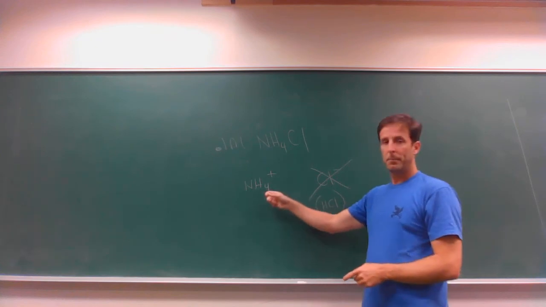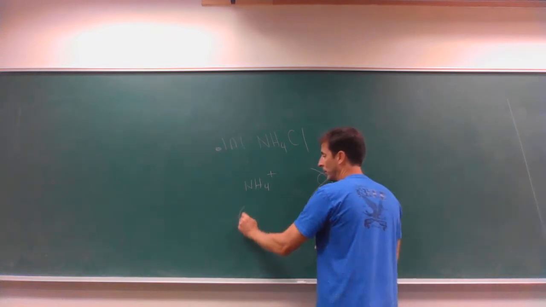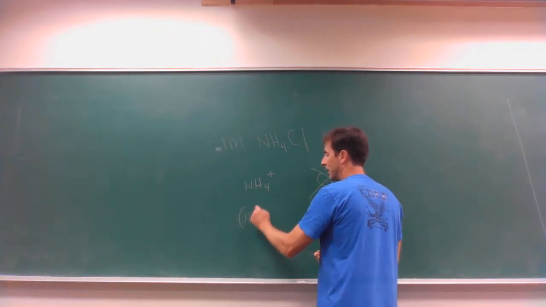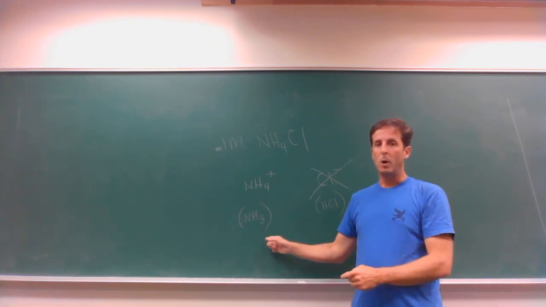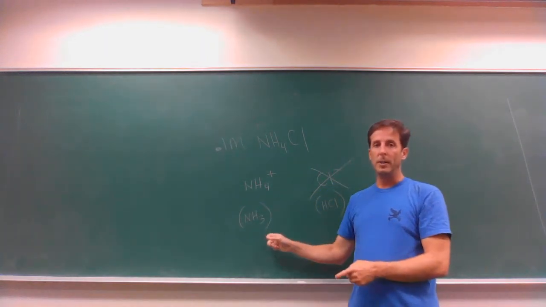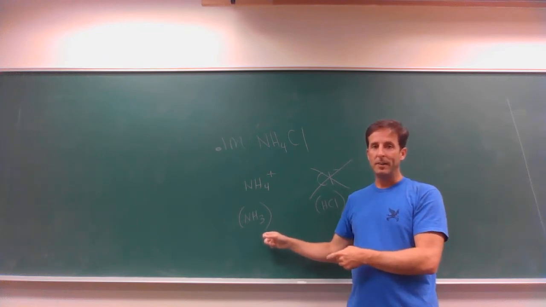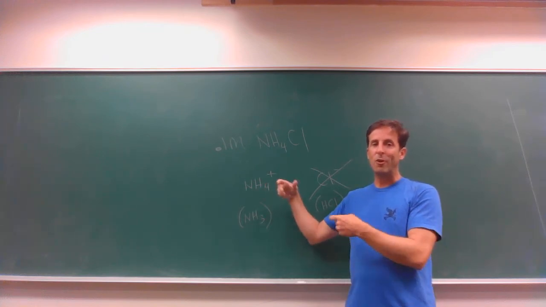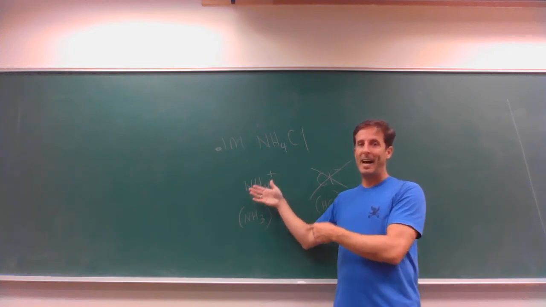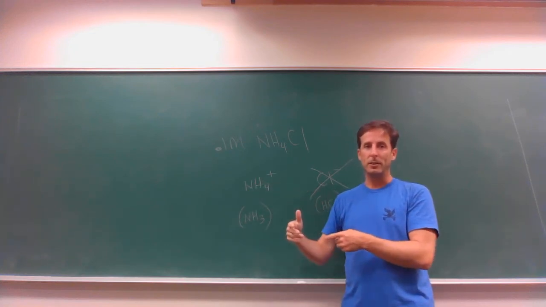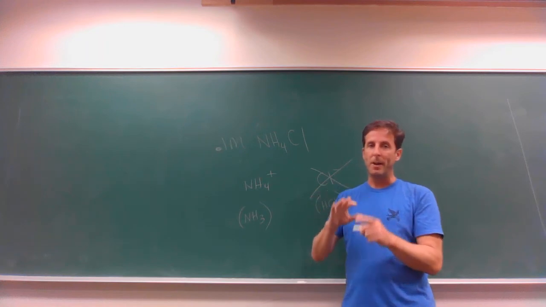But ammonium is related to ammonia. Hopefully we know ammonia is a weak base, and its conjugate is going to be a strong enough conjugate acid to affect the pH. Now I have to be careful.